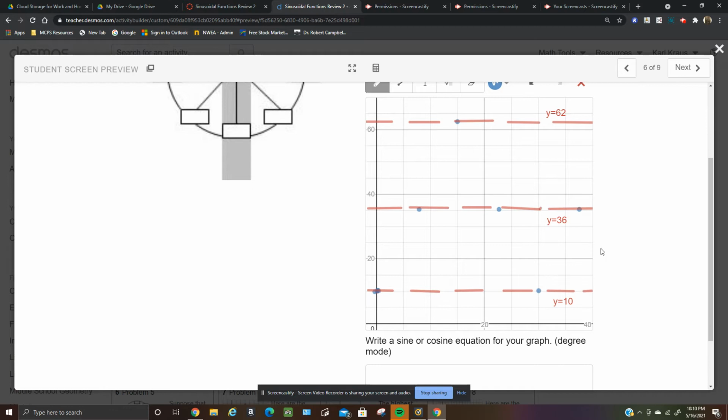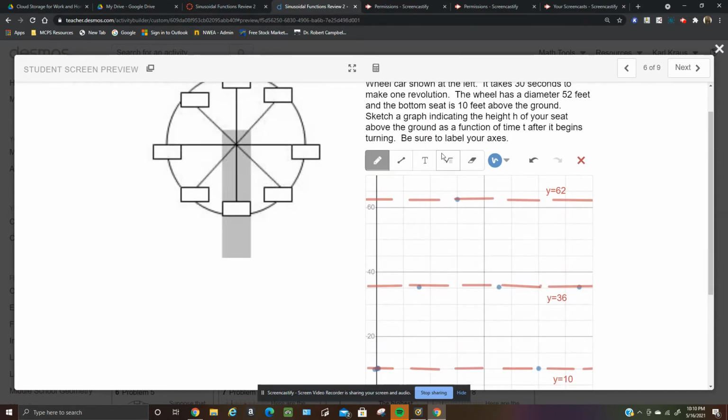That'll be a midline there. And then if I drew a curve through there, it would be a negative cosine curve.